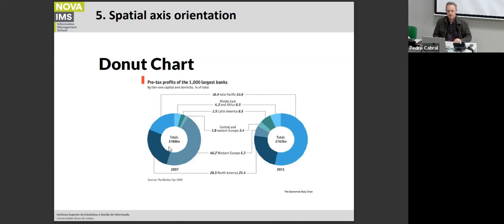In this case, it's correctly done because you can be very accurate comparing the quantities on the left with the quantities on the right, because you have a label for that, okay? So in this case, there is no room for misinterpretation or for comparing wrongly the sizes of the portions of the donuts, okay?